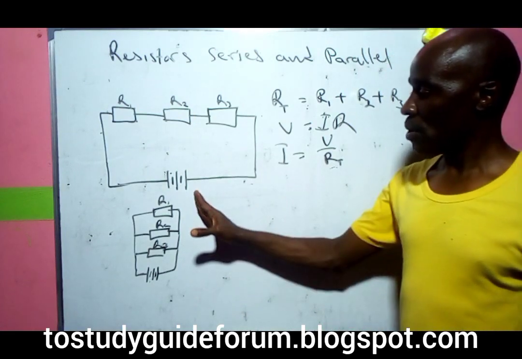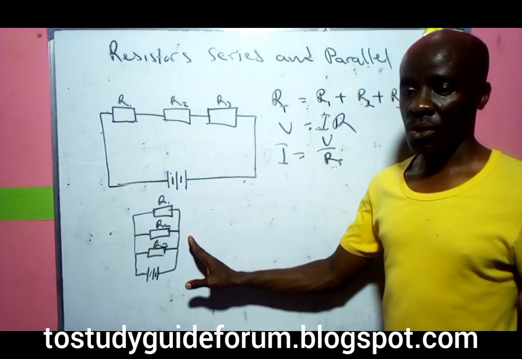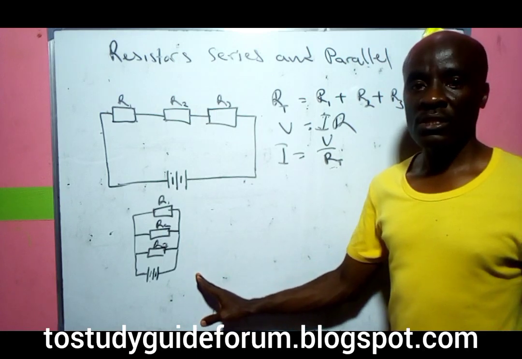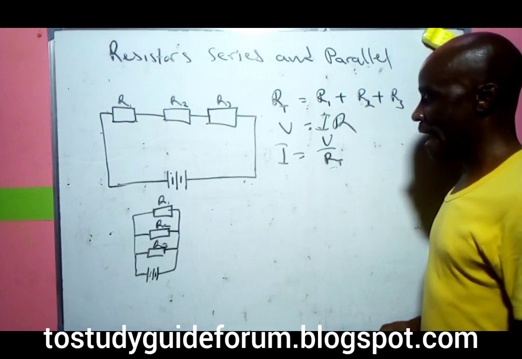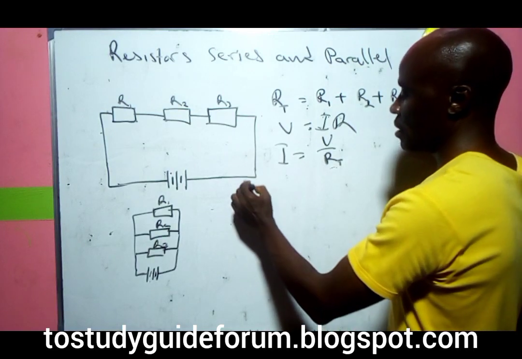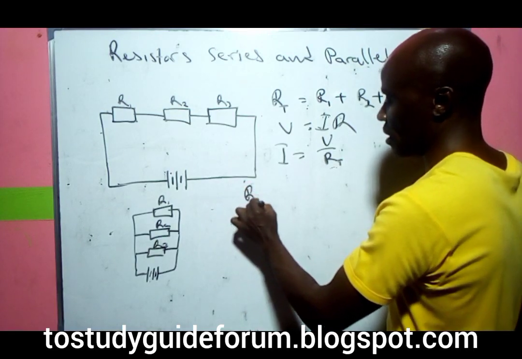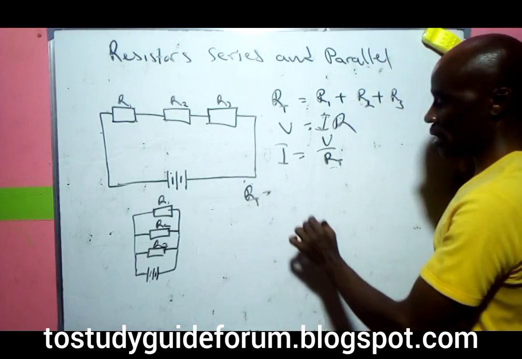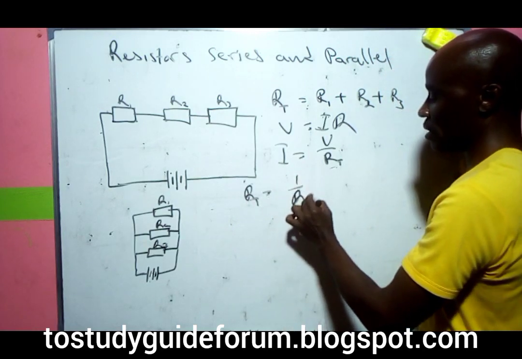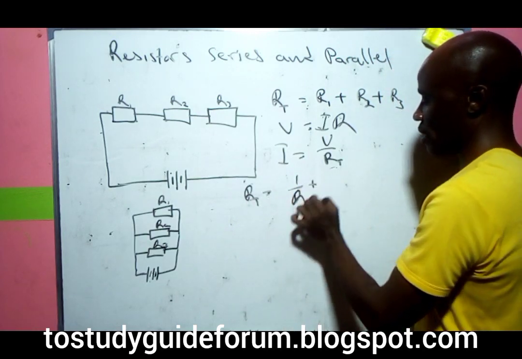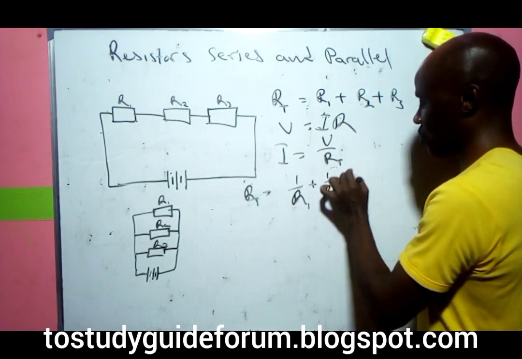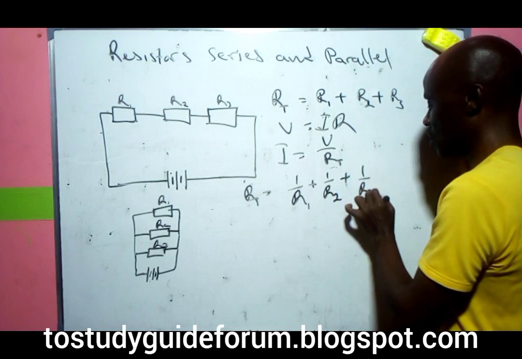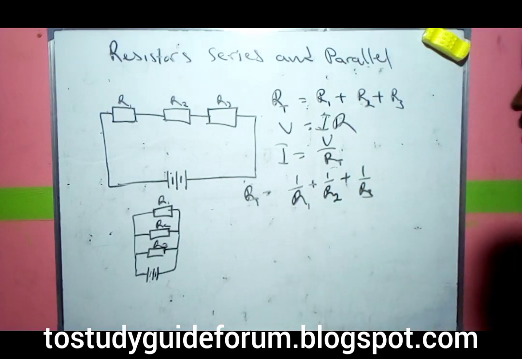Now, when we look at resistors connected in parallel, what you observe here is that connecting resistors in parallel decreases the resistance, making the current high. So to calculate the total resistance, we use the sum of the fractions of each resistance, that will give us the total resistance.